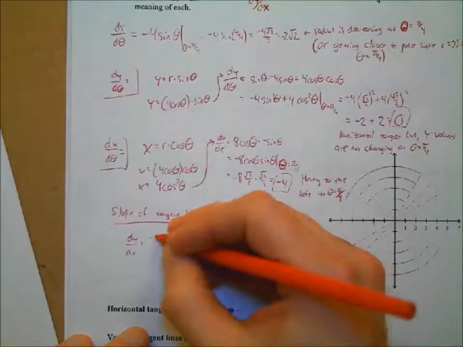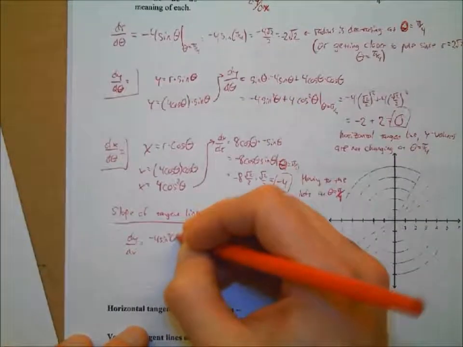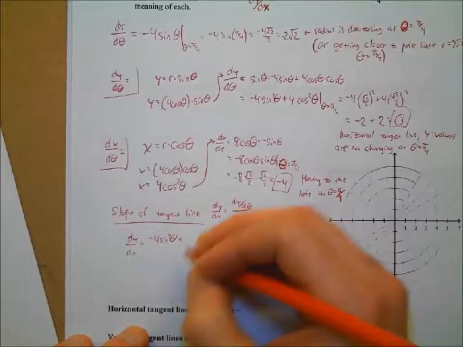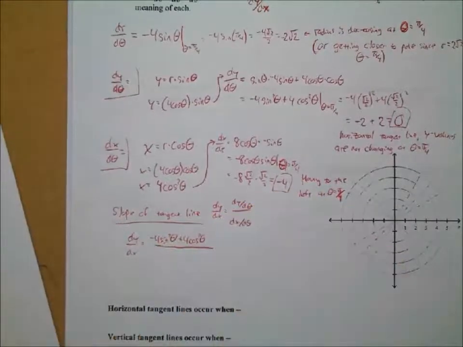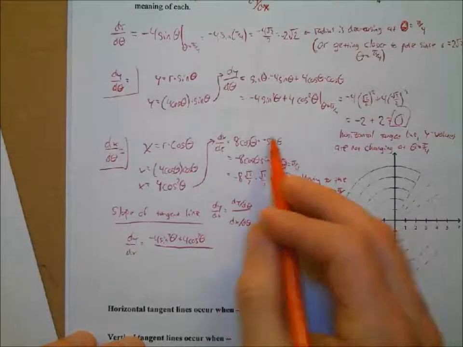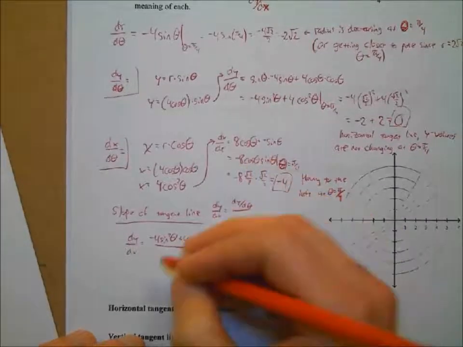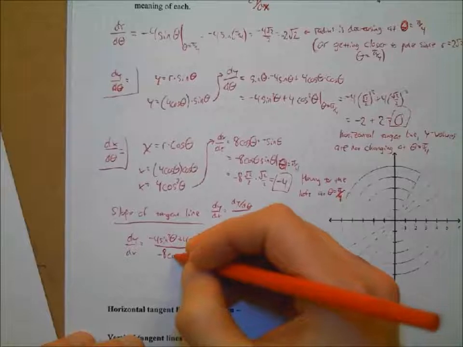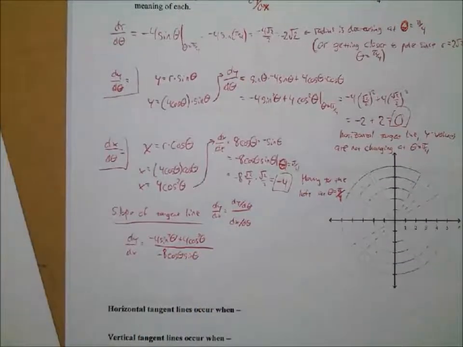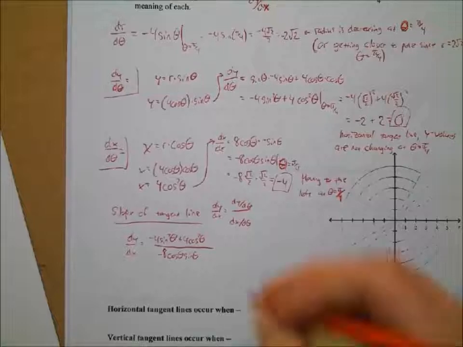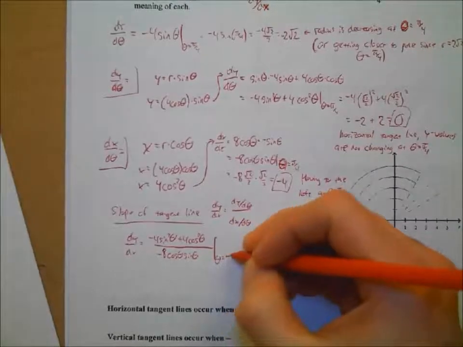So the -4 sine squared theta plus 4 cosine squared theta, all over, and I'm going to use my simplified version right here, -8 cosine sine. And we're being asked to evaluate that at theta equals pi over 4 as well.